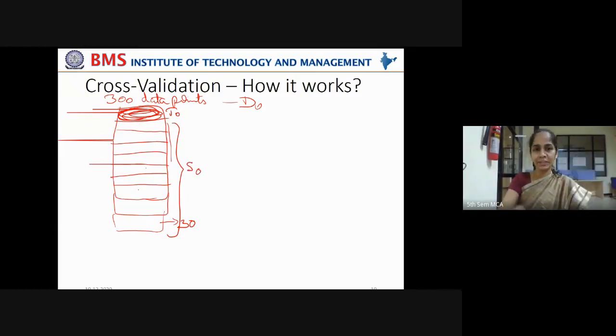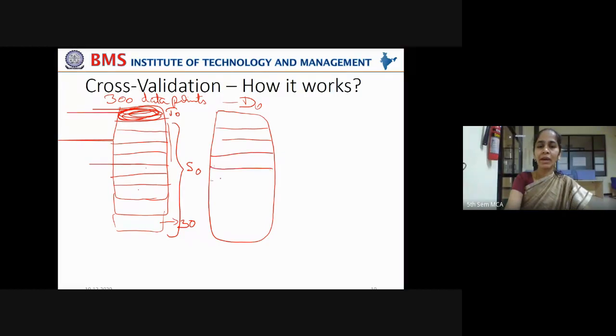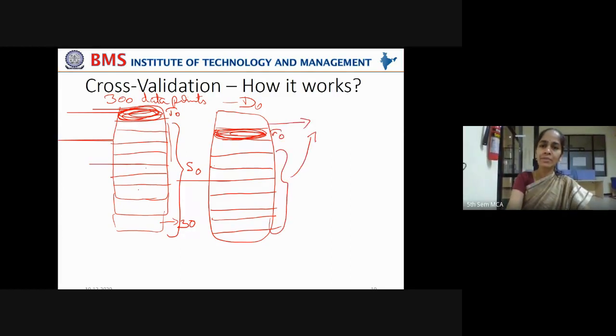Okay, that is the first iteration. Now in the second iteration, they are already divided into 10 equal parts. Take the second partition as T naught and all the remaining partitions as S naught.